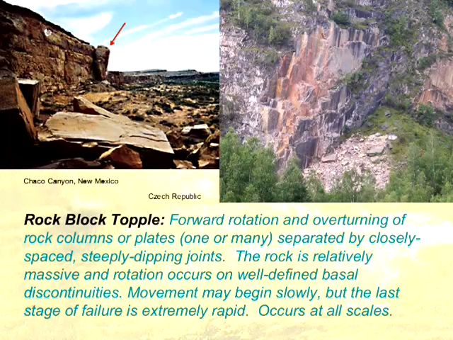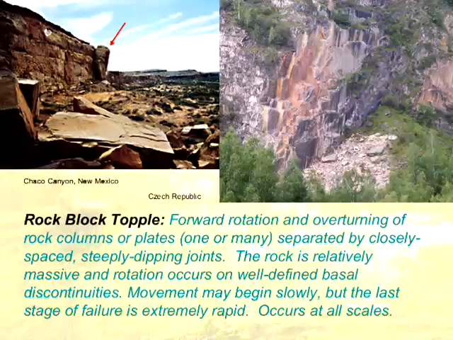Topple, block topple, is a simple overturning, like a book on a table. So this is in New Mexico. There's some sandstone sitting on a marly foundation, and you can see that this block has already separated from the parent mass and is gradually tilting until one day it will topple over.